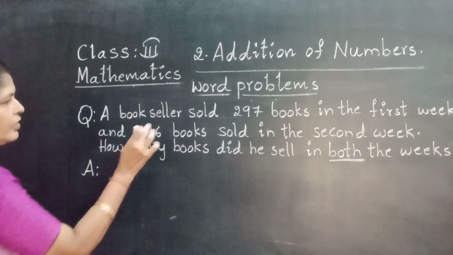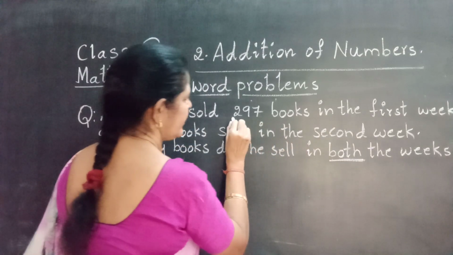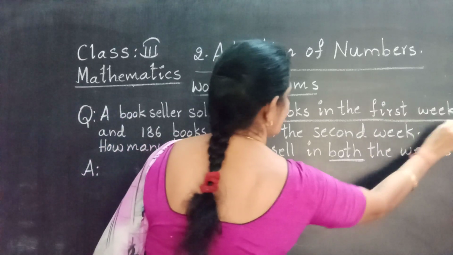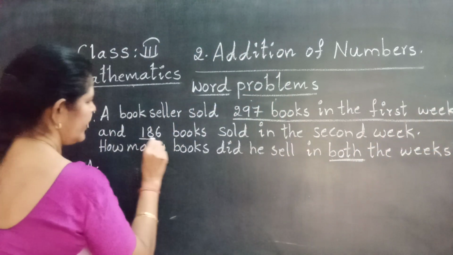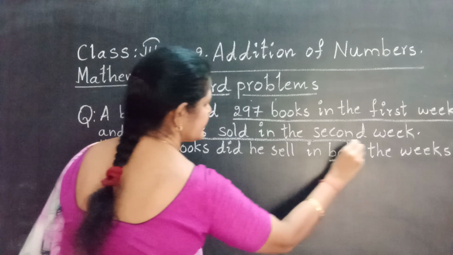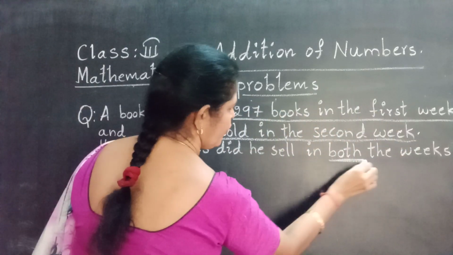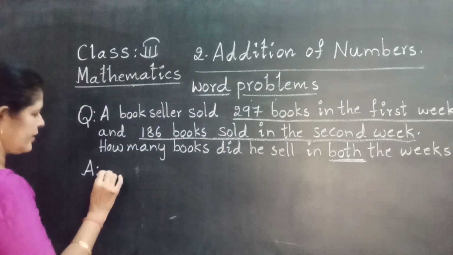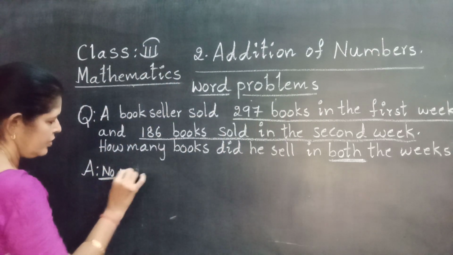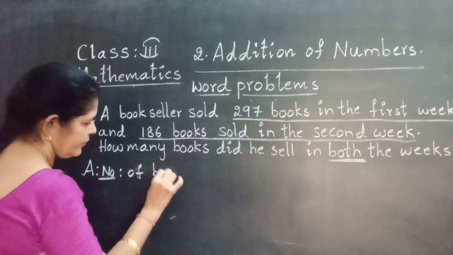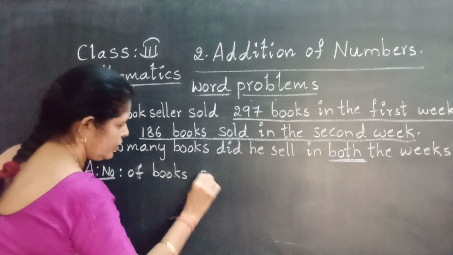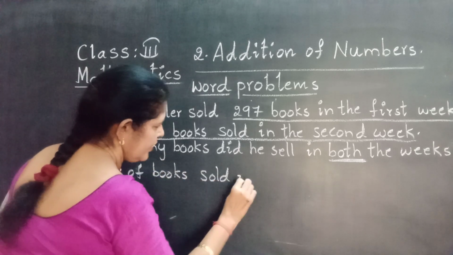Come on, observe. Here are the important words you have underlined. 297 books in the first week. 186 books sold in the second week. How many books did he sell in both the weeks? Okay, come on. Number of books sold in the first week.